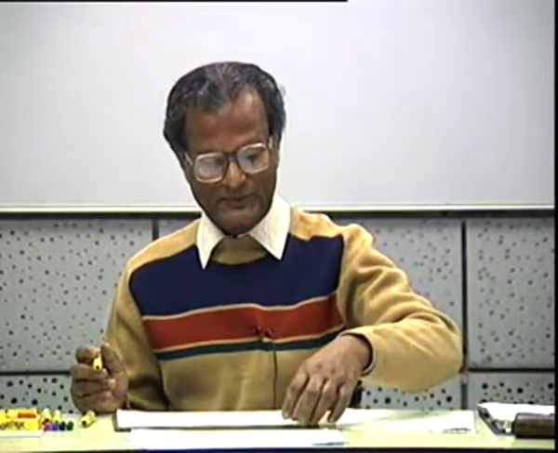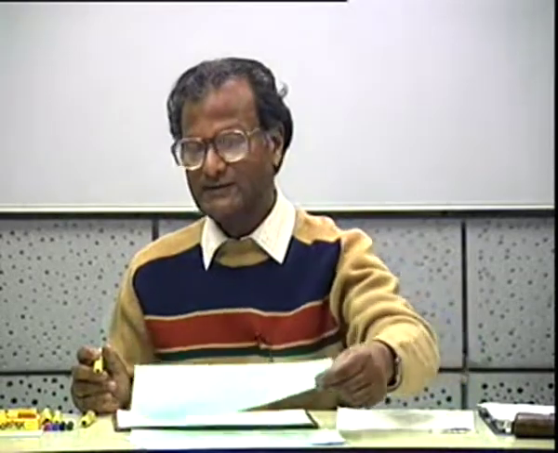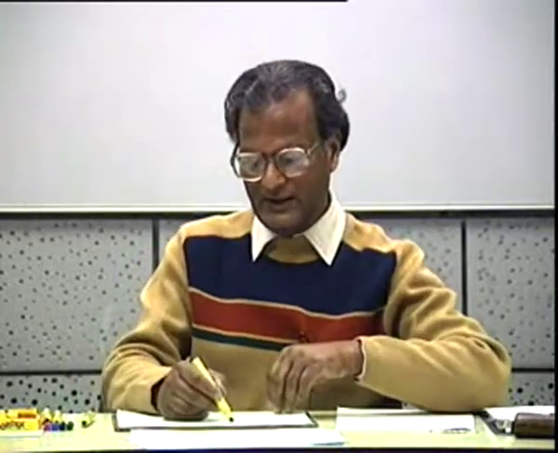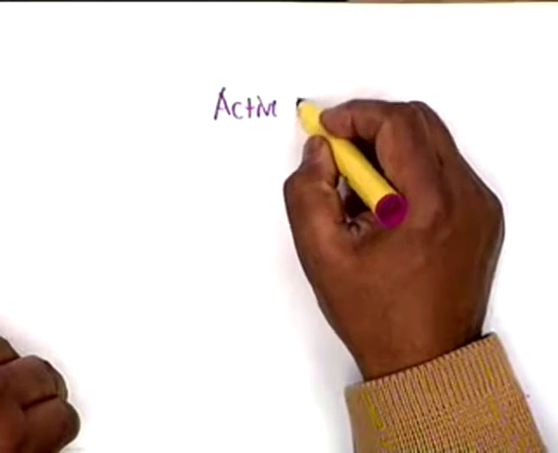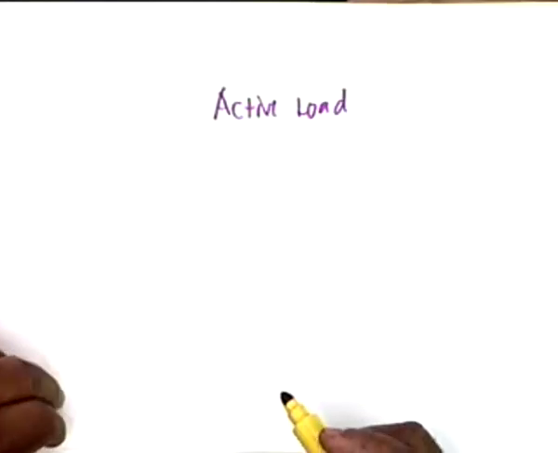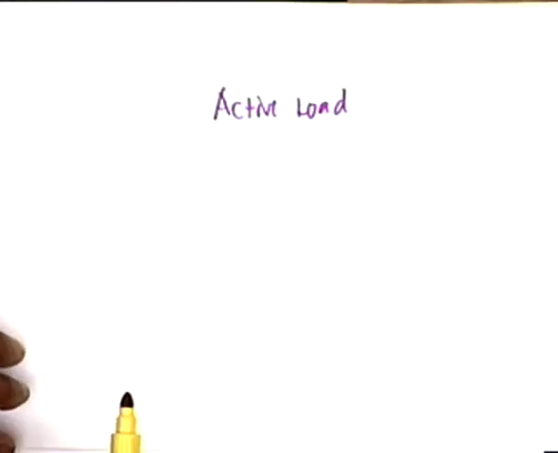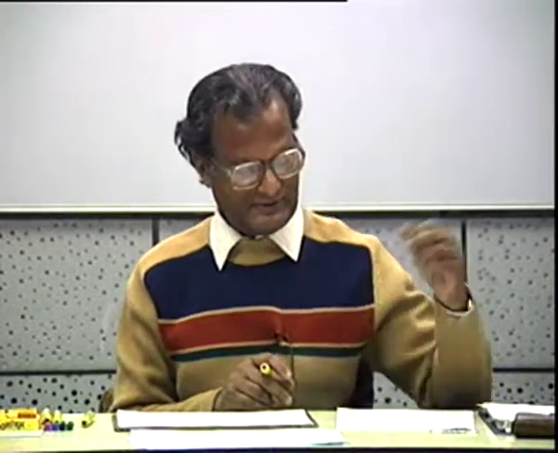So we say that the differential amplifier has active load. Active load. That is, R sub C is replaced by an active circuit which is equivalent to a large resistance without causing any disturbance in the DC conditions. Okay, large resistance we require under incremental conditions. Okay, that is effective R sub C.